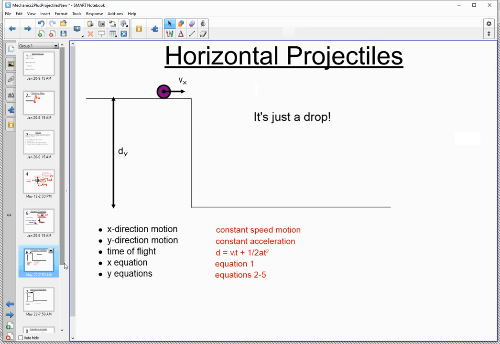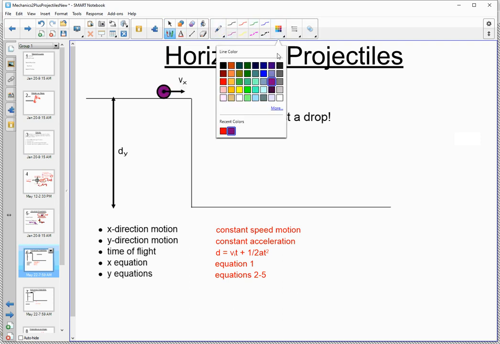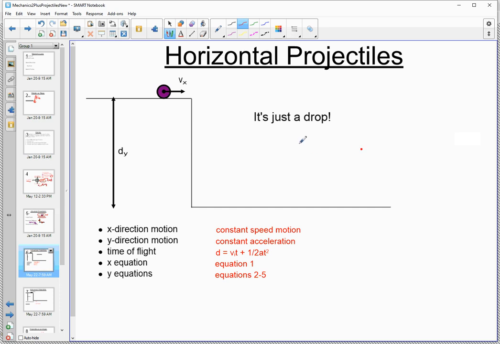All right, projectiles. We are going to talk about horizontal projectiles and then briefly projectiles at an angle. And remember, probably the most important thing you can remember about horizontal projectiles is it really is just a fancy dropping problem. We've got our red pencil back here.